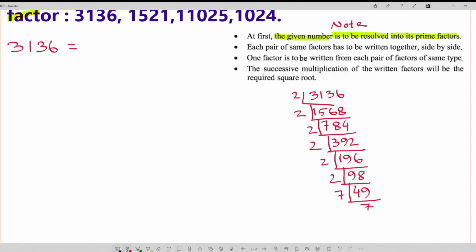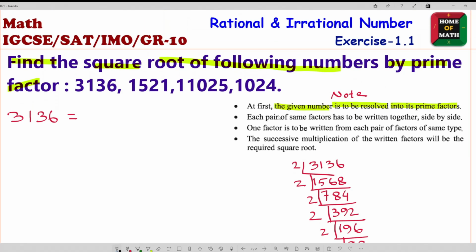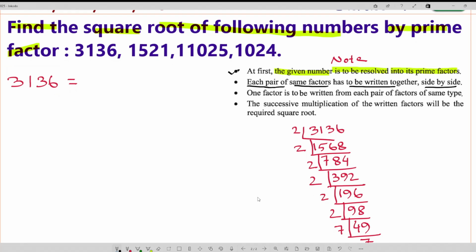Now look, our first step, the given number is to be resolved into its prime factors, is done. Second, each pair of the same factors has to be written together side by side. Therefore, here are two types of numbers. One is 2 and another one is 7.